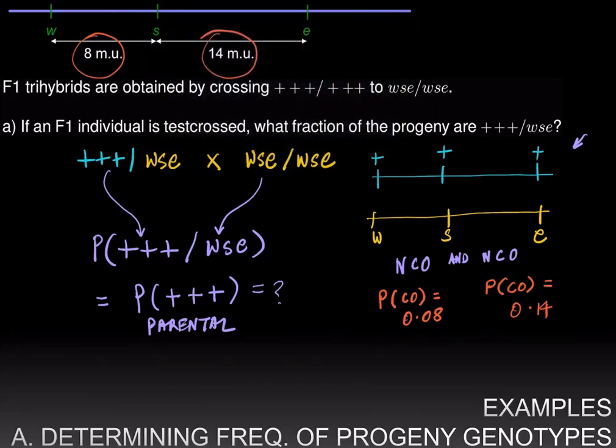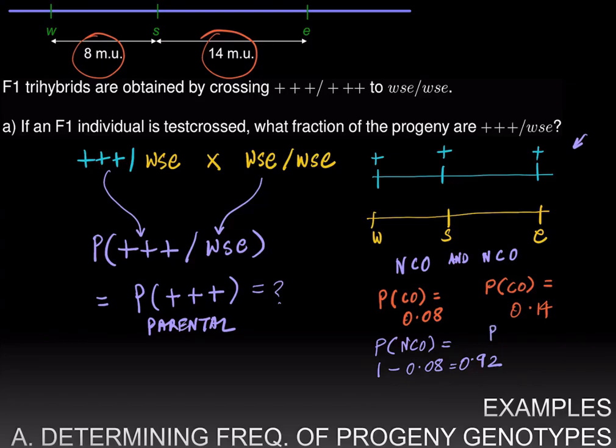From this, we can compute the probability of no crossover between W and S as 1 minus 0.08. Since you can either have a crossover or not have a crossover, there are only two possibilities, and therefore if 8% of the times you have crossover, then 92% of the times you do not.